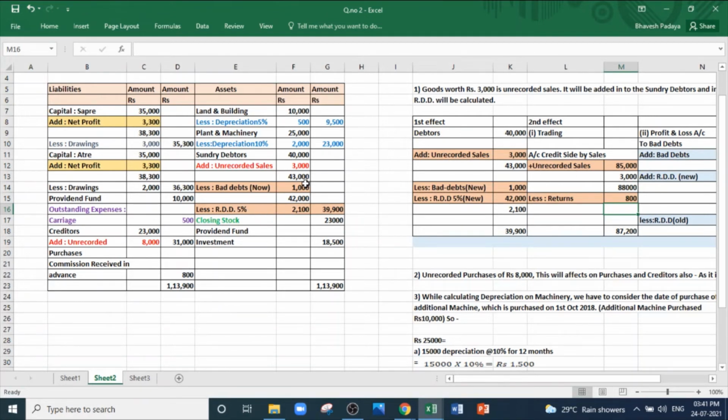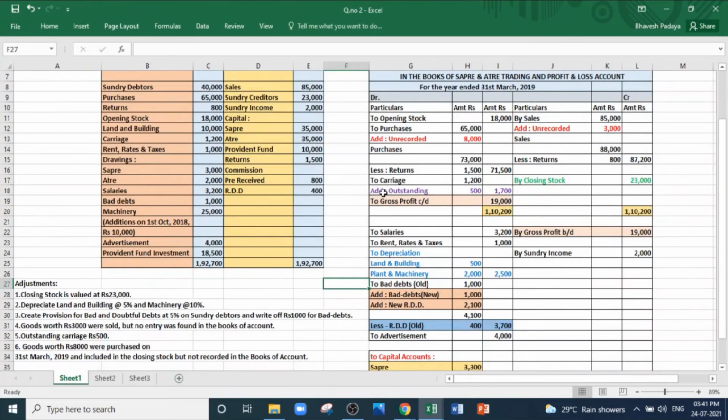After that you have 43,000 debtors, less 1,000, you will get 42,000 debtors now. From this 42,000 you have to reduce 5% new RDD, which is 2,100. Now the total amount of debtors is 39,900. These two amounts, 1,000 and 2,100, will go to the bad debts format in the profit and loss account.